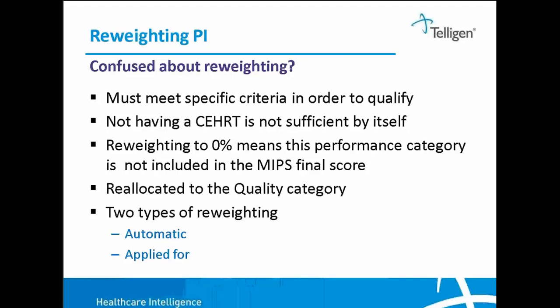So not having a certified product is not sufficient by itself to qualify for reweighting. The reweighting to 0% means that the PI performance category is not included in the MIPS final score at all, and it gets reallocated to the quality category. Now, there are two types of reweighting. There's the automatic and there's the applied for.